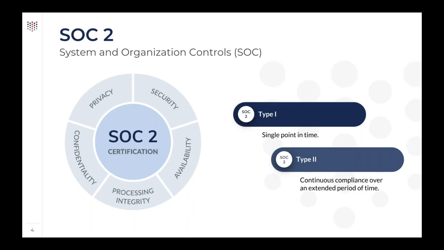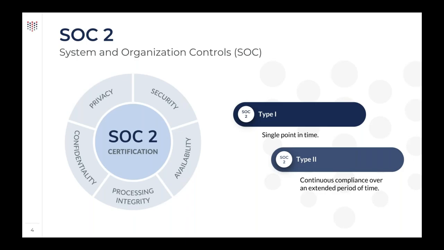Type 2, however, is a little bit more demanding on the company, but also I think is a little bit more important, because what that does is it looks at compliance over a period of time. The minimum period of time I think is 9 months, and it goes up from there. So it allows you to not only see the controls that are in place, but whether those controls are really working, and have this sort of analysis of that across time.